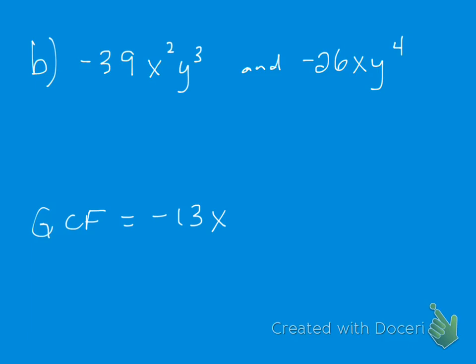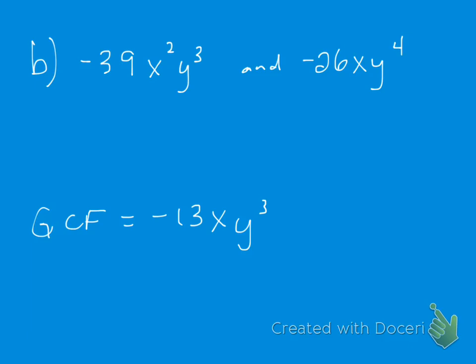Okay, so you have one x to share. But what about y's? Y cubed, so now I have 3 to share, because each of them has 3. What I'm really looking at when I'm looking at my GCF, and this is going to blow some of your minds and maybe confuse some of you, is that for my numbers, I'm looking at the biggest number. If you want to think absolute value, you can.